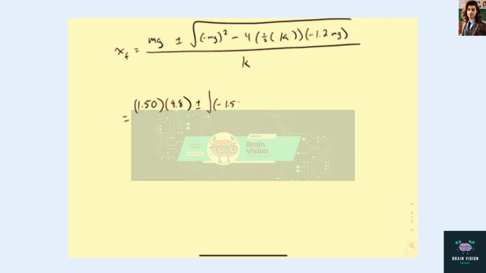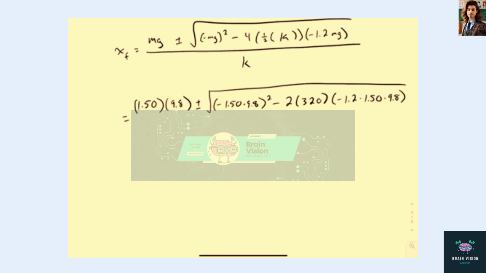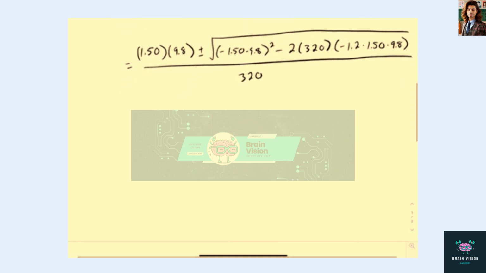So this is 1.5 times 9.8 squared minus 4 times 1/2 is 2, and now I can plug in the 320 for k, and minus 1.2 times 1.5 times 9.8, and then divide all of that by 320, and we get x final is 0.381 meters, so that's how far the spring stretches.